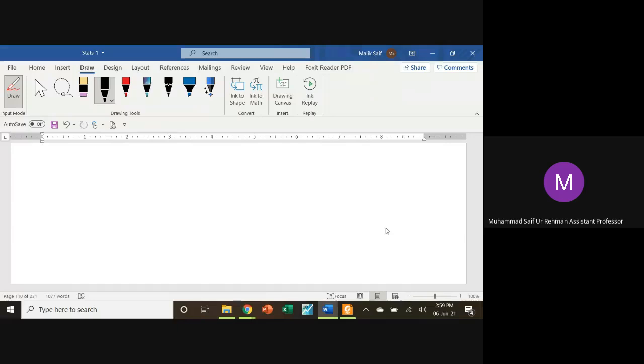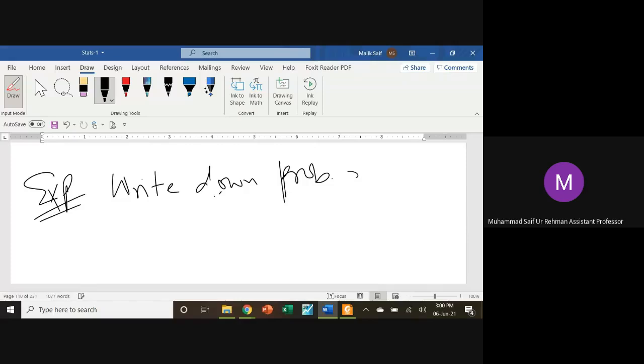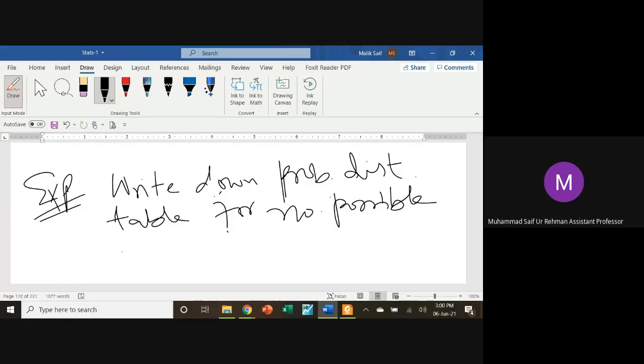If you are going to roll a dice once, write down the probability distribution table for number of possible dots on rolling a dice once.